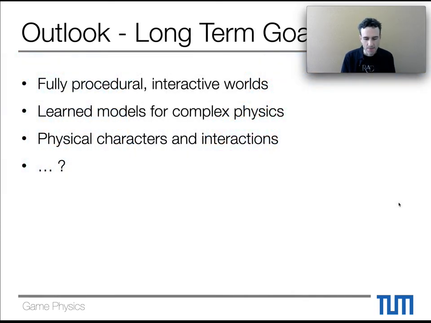Yeah, and looking ahead, I think having in a way procedural interactive worlds is still one of the big milestones. There have been some games in 2D that could pull that off a bit, but really having a 3D environment that in a way allows you to flexibly interact with every tree.